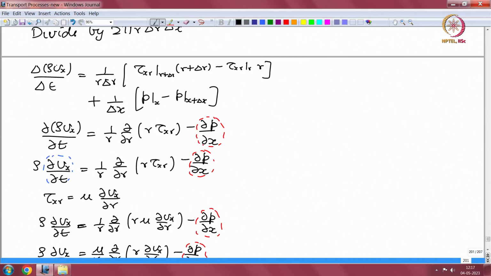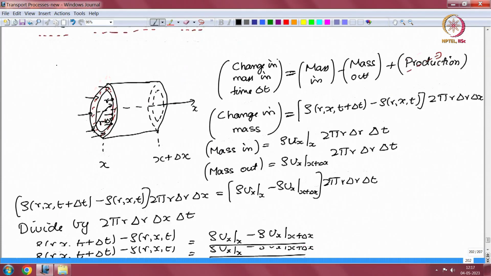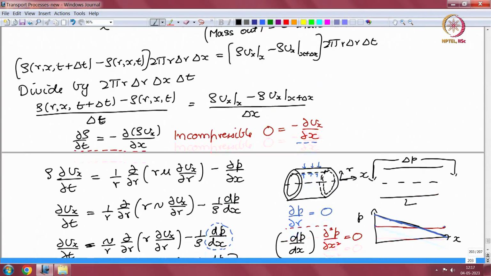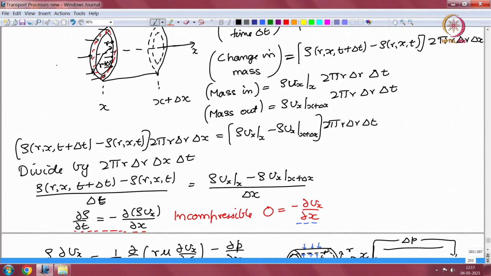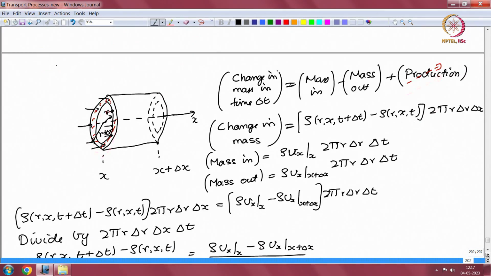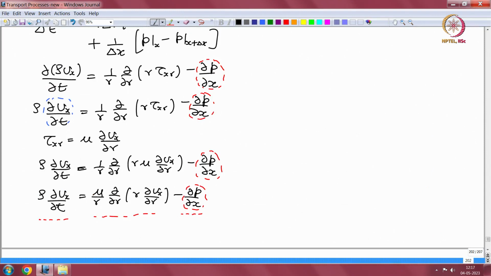So, we had gone through the calculation for the momentum in the axial direction in a pipe, and this was the equation that we had got, for an incompressible flow. The left side is the inertial terms, the variation of Vx with respect to t.